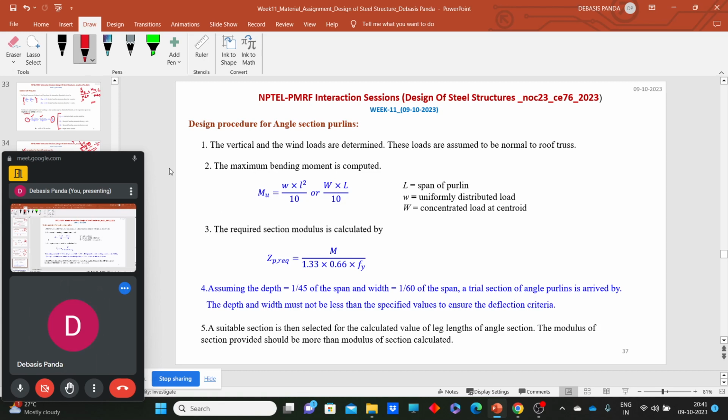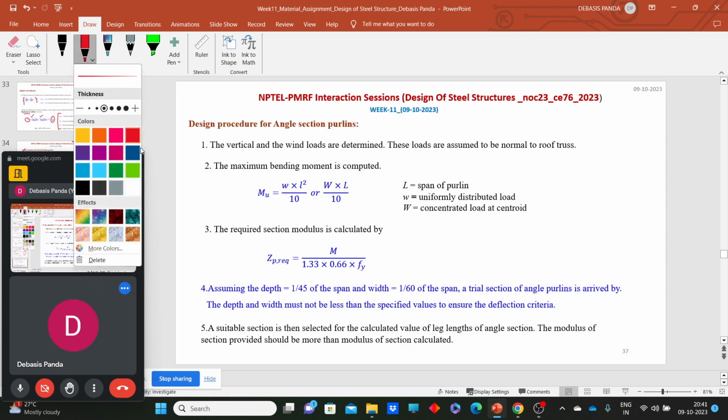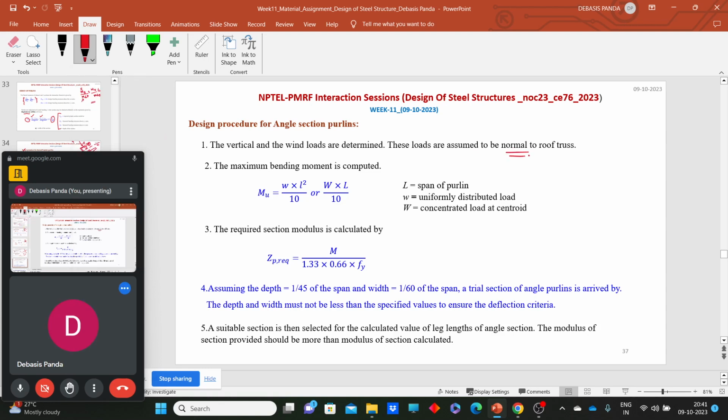And one more thing for angle section: all the loads are assumed to be normal to the roof. That means we are ignoring the part of the horizontal load here. About the UU axis we have some loads, and about the VV axis we have some loads. Recall this was P dash for the channel section, and this one is H dash.